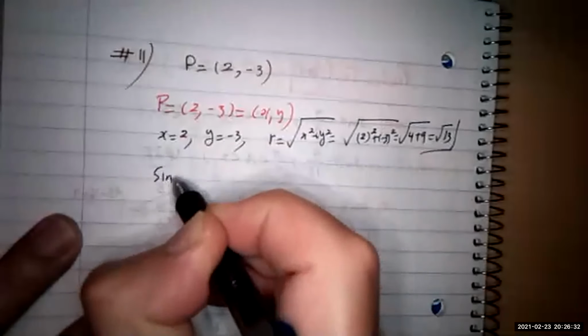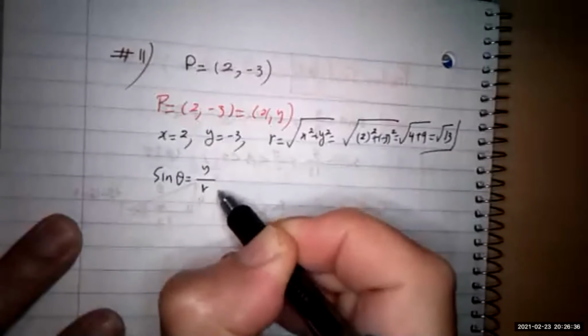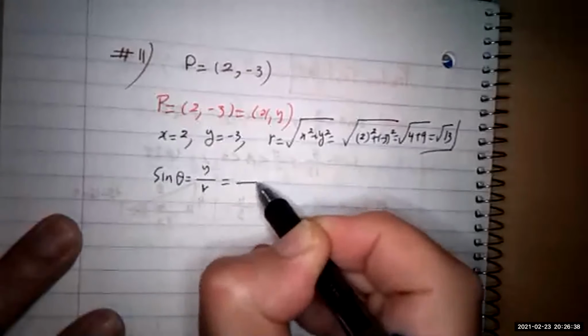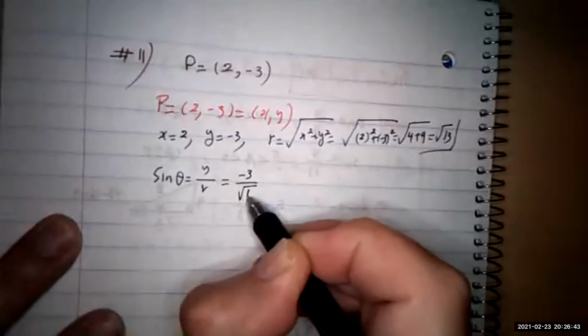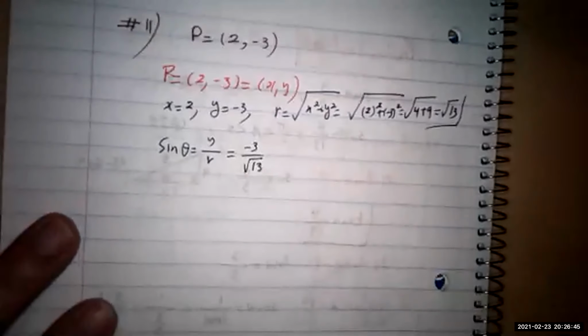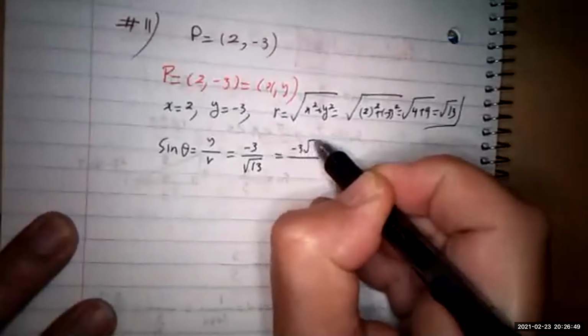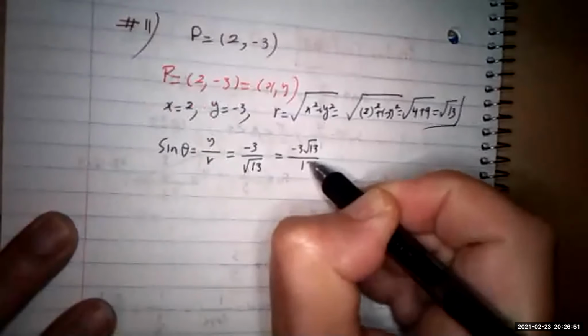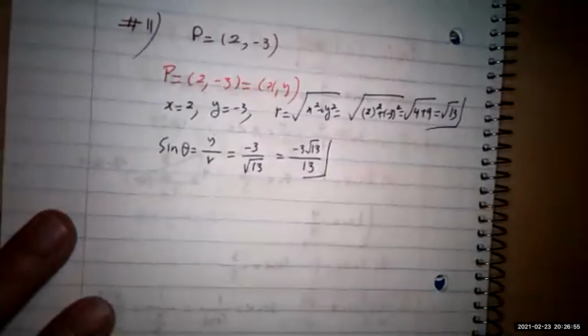So there you are, the sine of the theta. Sine is on the y-axis, Y over R. The y is -3 and the r is radical 13. You cannot leave it. You have to rationalize it. It's -3 radical 13 over 13, the correct answer. Again, no calculator.